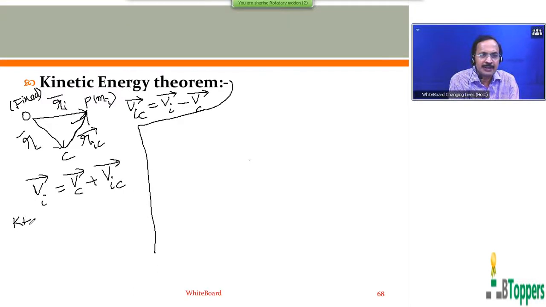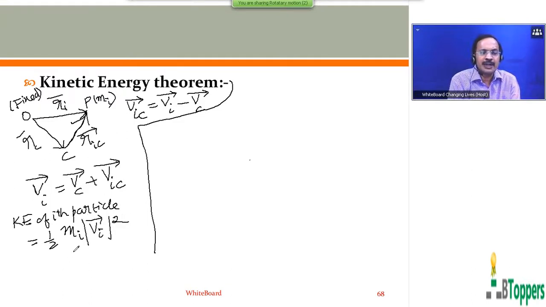First, the kinetic energy of the ith particle you can write as half mi into the square of the magnitude of the velocity of the ith particle, that is, the kinetic energy of that ith particle with respect to origin O of the inertial frame of reference.